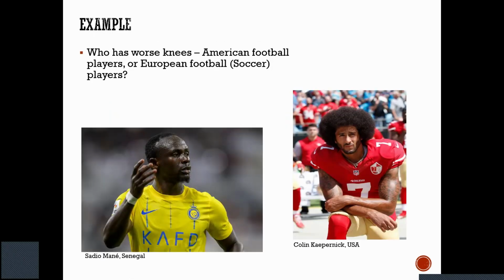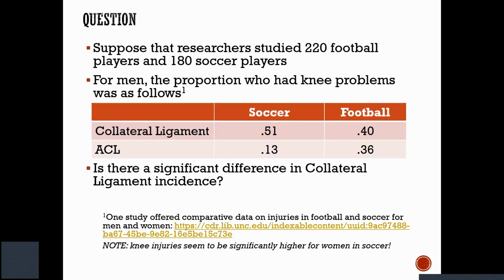So here's an example. Who has worse knees: American football players or European football, aka soccer players? And it turns out that it depends on what you mean by bad knees. Suppose researchers studied 220 football players and 180 soccer players, male professional players, and the proportion who had knee problems was as follows.